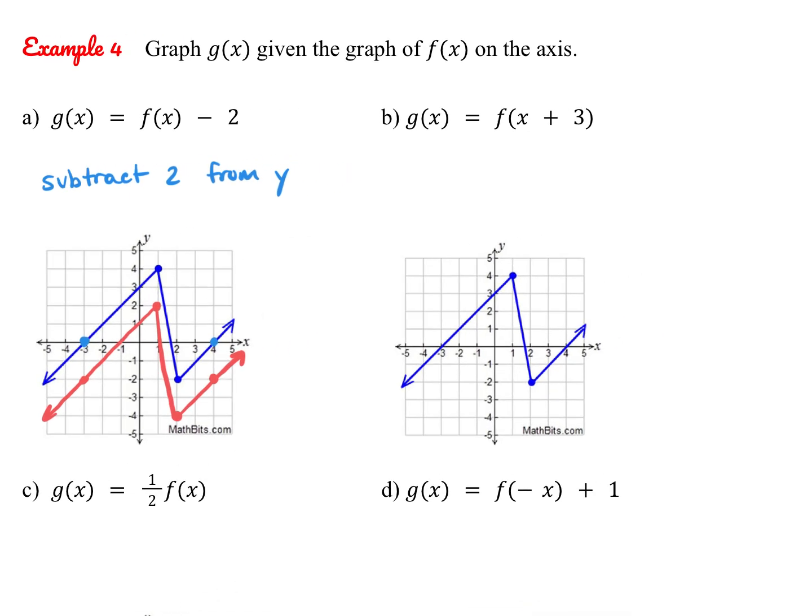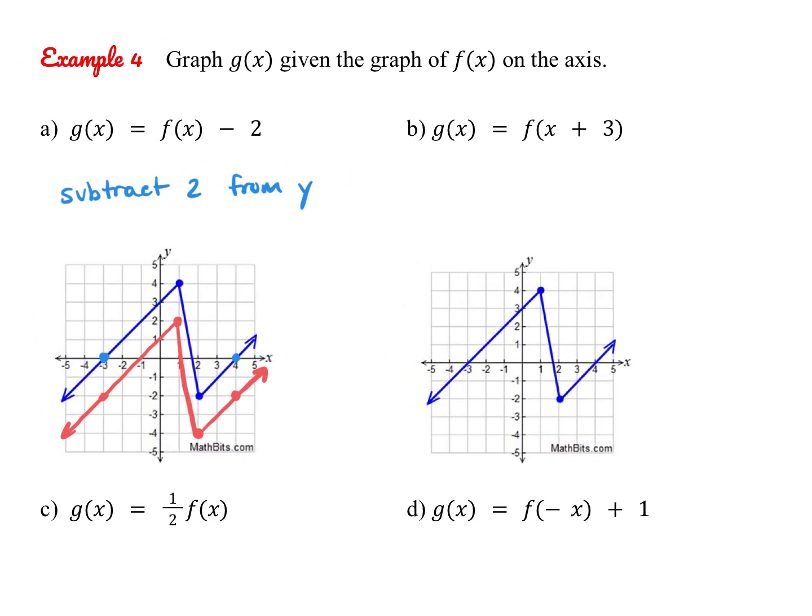Now let's try this one. We're going to do f of x plus 3. So I'm actually going to subtract 3 from the x values. This is a horizontal translation, left 3. So again, pick a couple nice coordinates. Maybe I'll pick this one, and I'm going to move the x values to the left 3. So 1, 2, 3.